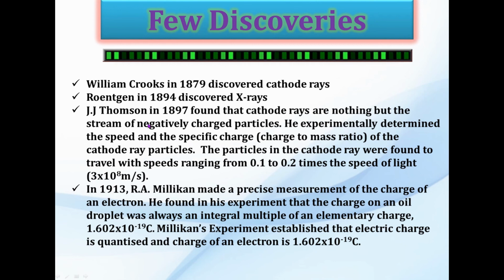Just remember, William Crookes discovered cathode rays, Röntgen discovered X-rays, J.J. Thomson discovered electrons, which means he said cathode rays are nothing but a stream of negatively charged particles, and Millikan conducted the oil drop experiment and established that the electric charge is quantized and the charge of an electron is 1.602 into 10 to the power of minus 19 coulomb.